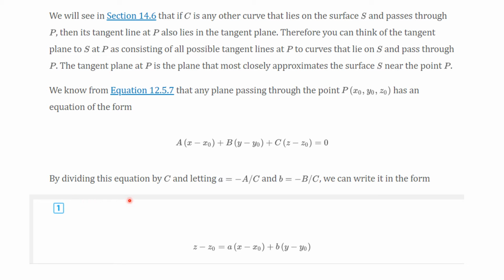And so dividing all the way through by C, and letting lowercase a be minus A over C, and lowercase b be minus B over C, we can rewrite this equation, solving for z minus z0. We get z minus z0 is equal to a times x minus x0 plus b times y minus y0.